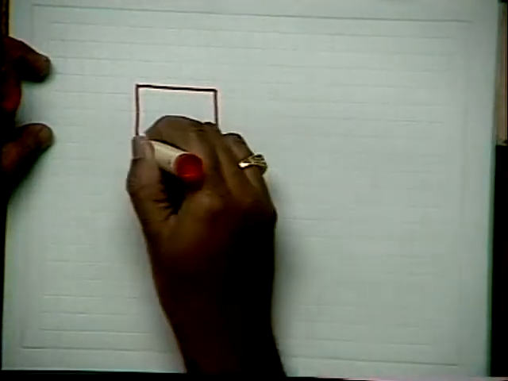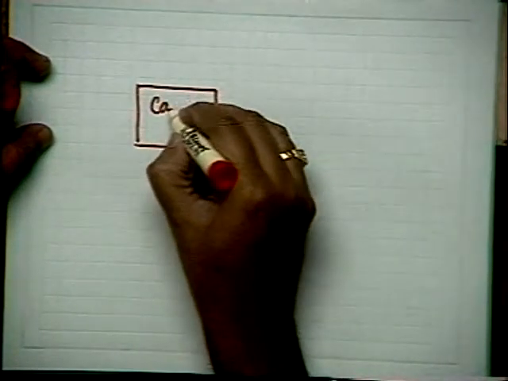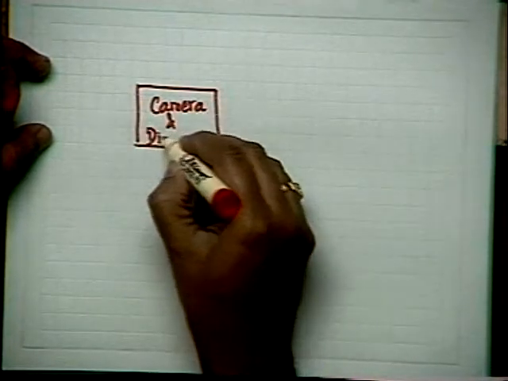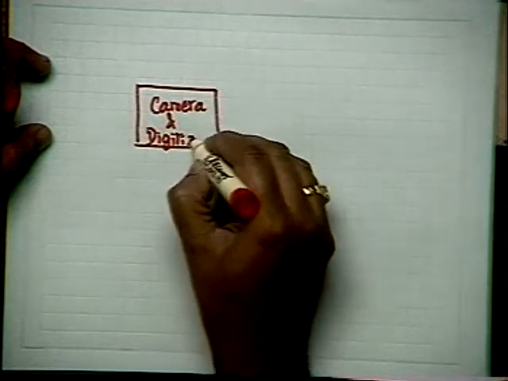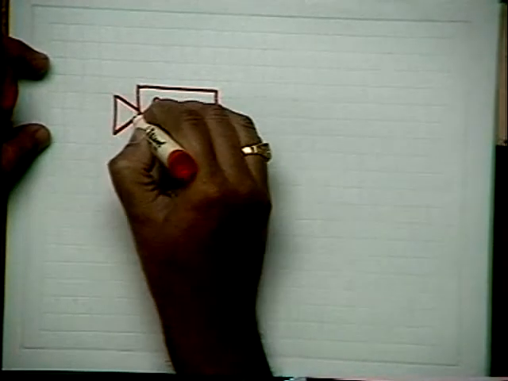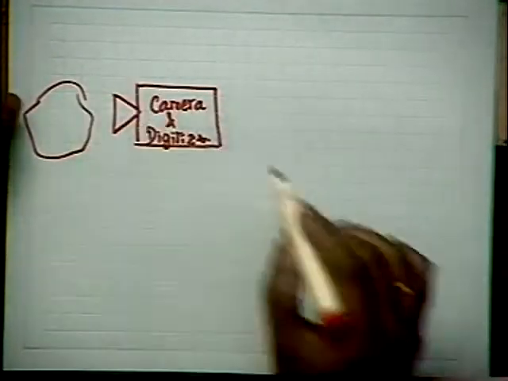Now let me just show you the typical block diagram of an image processing system. An image processing system will have these major blocks. There will be a camera and a digitizer, and I have some image over here.